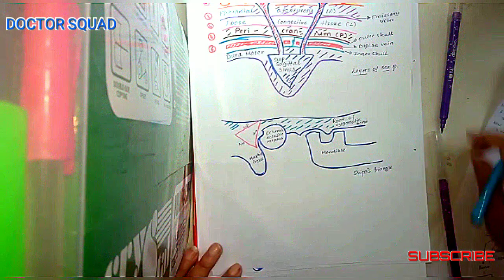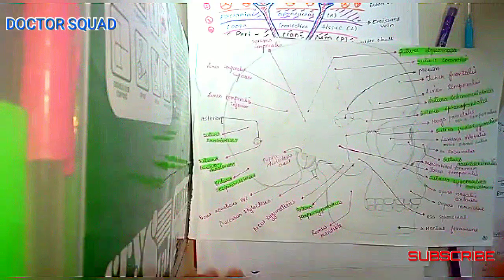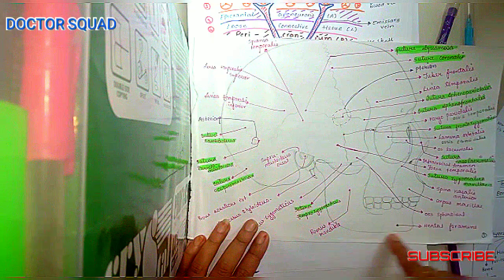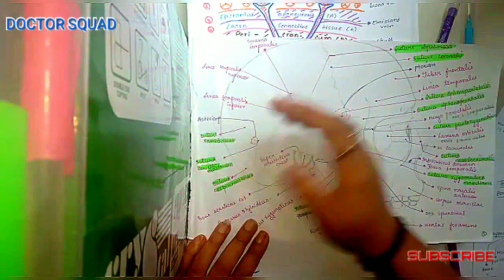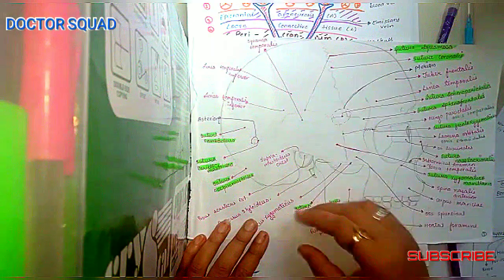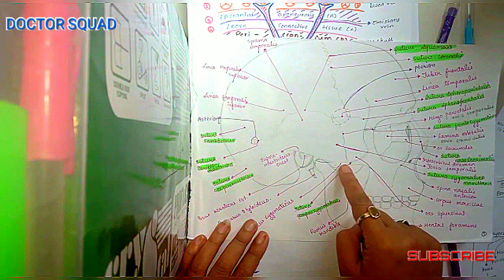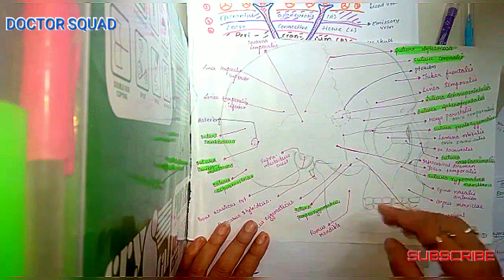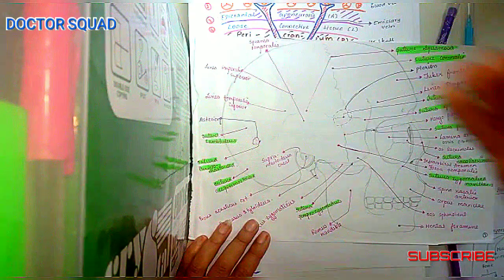So here we have all the diagrams. Look here. You can see the difference: from the mandibular foramen to the angle of the mandible to the mastoid process to the occipital, different by the neck. Now the cerebral and facial are divided by the zygomatic arc to the mastoid process, the anterior margin of the mastoid process from the facial, and the posterior margin of the mastoid process from the cerebral.